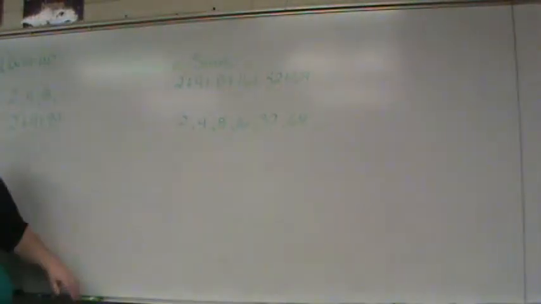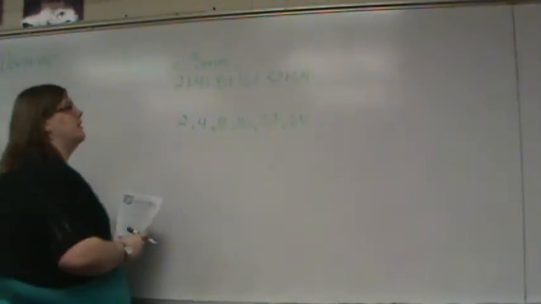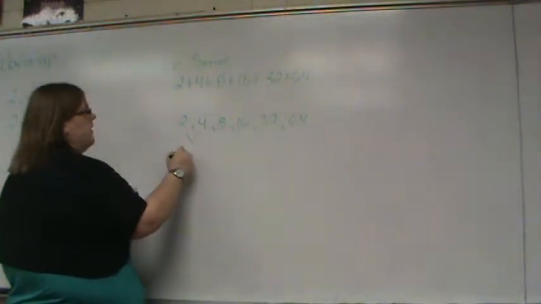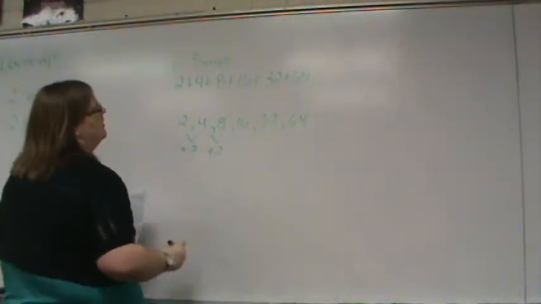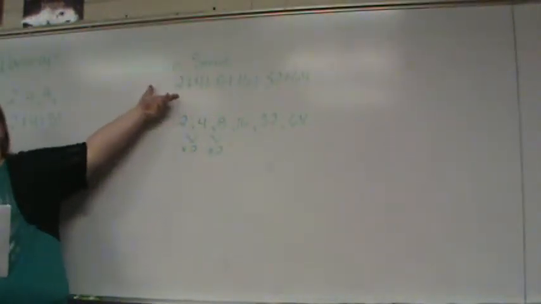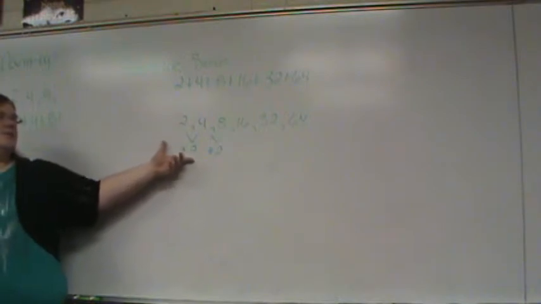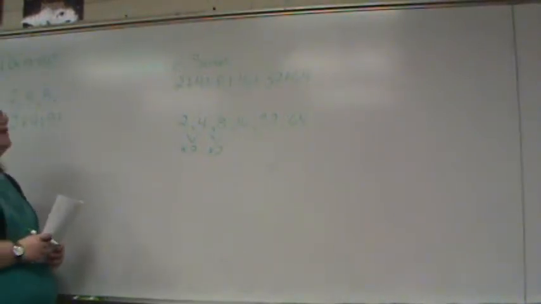What do we notice about our terms? Do we have a pattern? Yes. What's our pattern? So we're multiplying by 2 each time. So what does that tell us then about this series? If our pattern is multiplying by 2, that tells us that it's geometric.